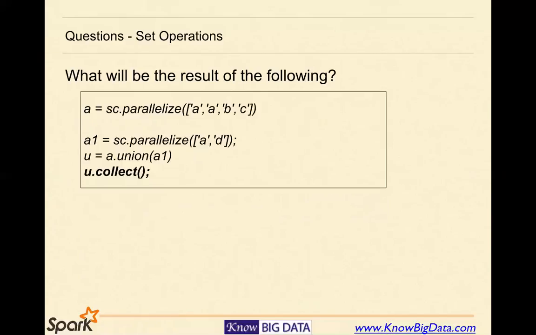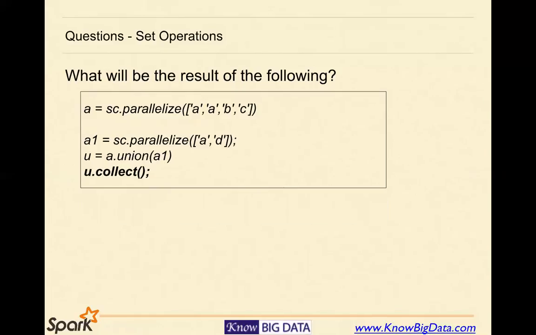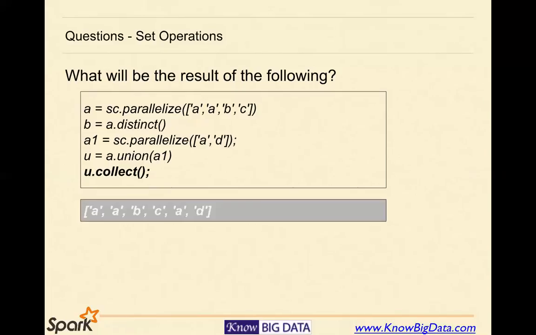And if we do union of two sets, what will be the result? A, B, B, C union with A, D. All right. It'll be first set combined with second set. All right.